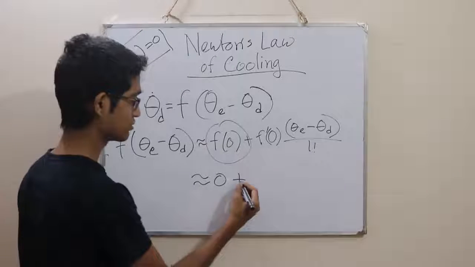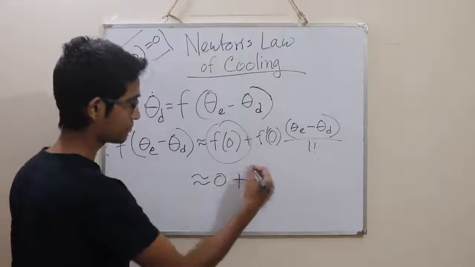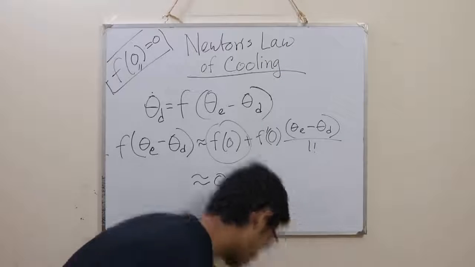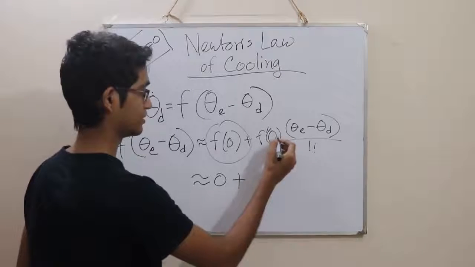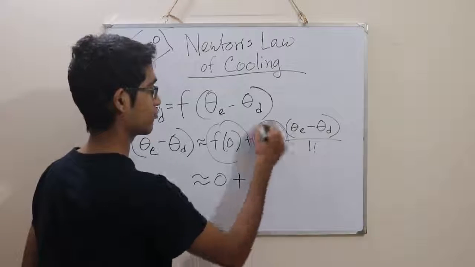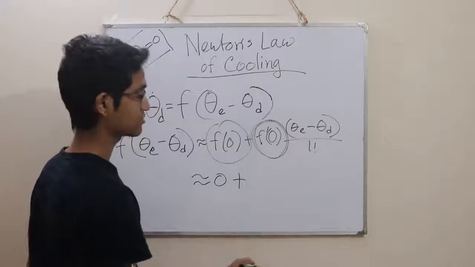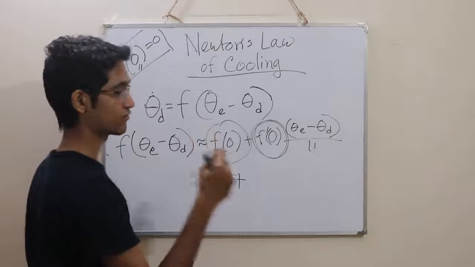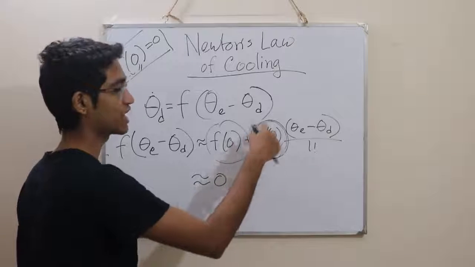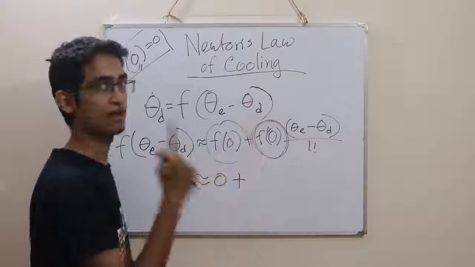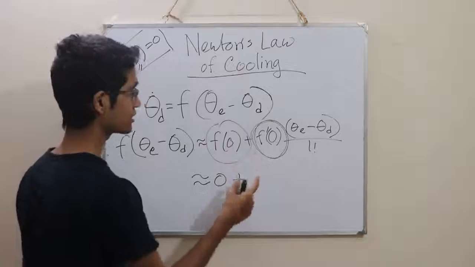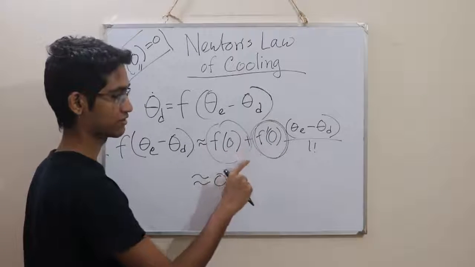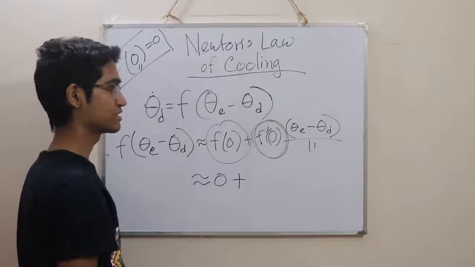If this is 0, then 0 plus this is a constant, because we have put a value of x into the function that we get after differentiating it once. So as we have put a constant value in place of x, that function has now become a constant.